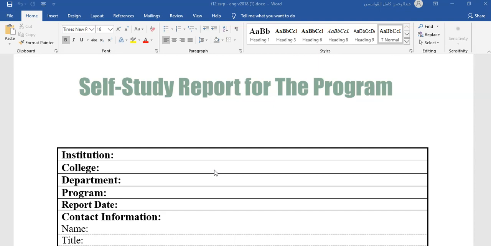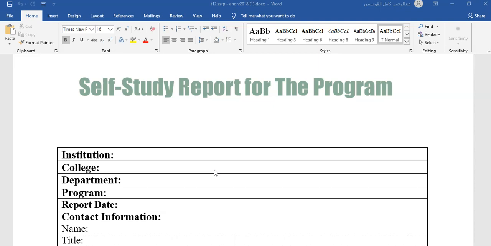This form should be filled in order to submit for NCAAA academic accreditation. As you know, the SSRP is a form that is not easy to fill.